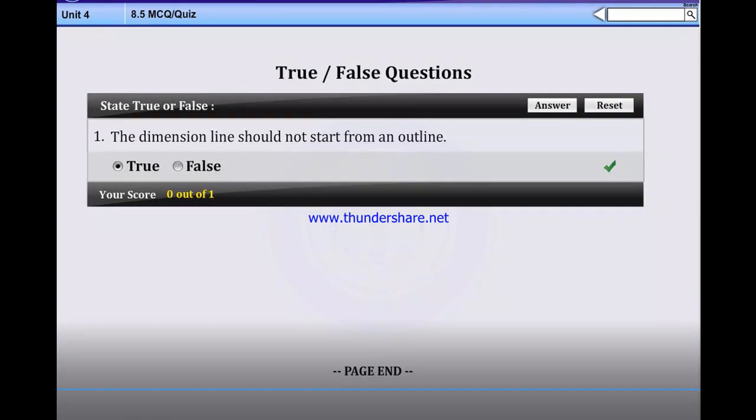Is it true or false? It is false, because the dimension line should start from the outline only, not inside, as we observed earlier.